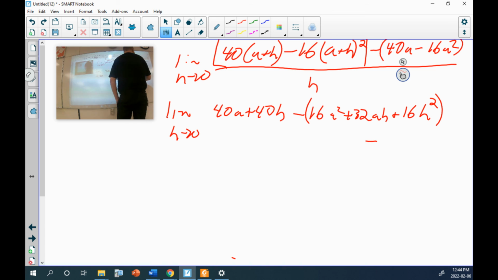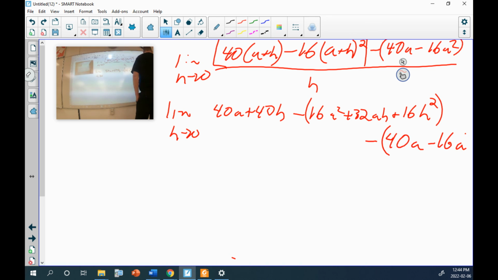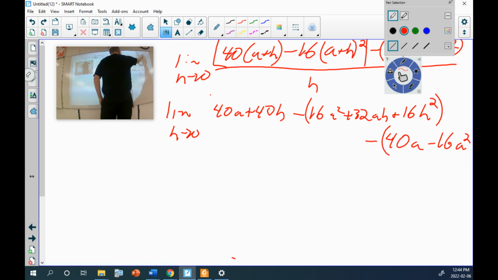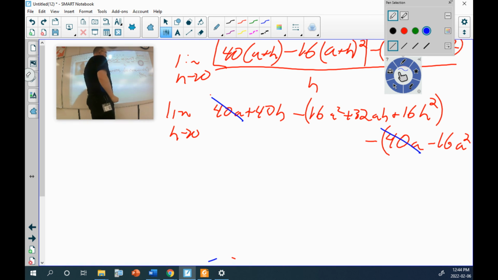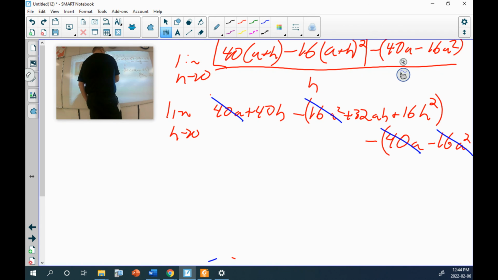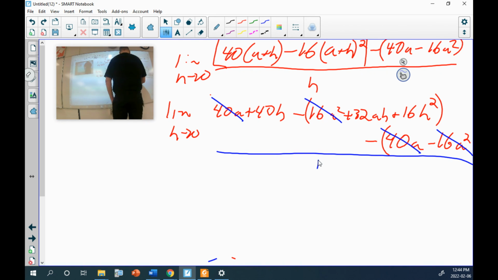And then this guy minus 40a minus 16a squared. Well, that's 40a, so we're going to cross off that 40a. This minus 16a squared is going to cross off with that minus 16a squared. And as I usually do, I forgot a line by h on the bottom.